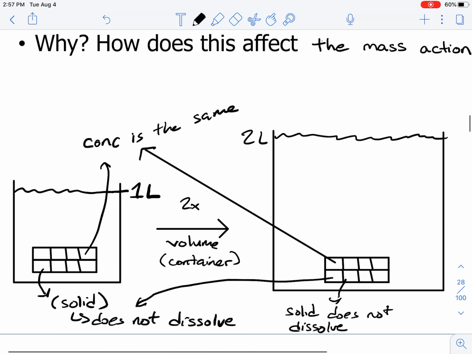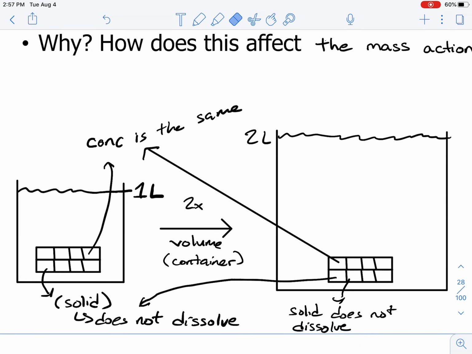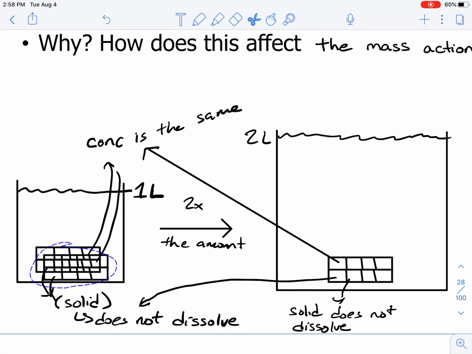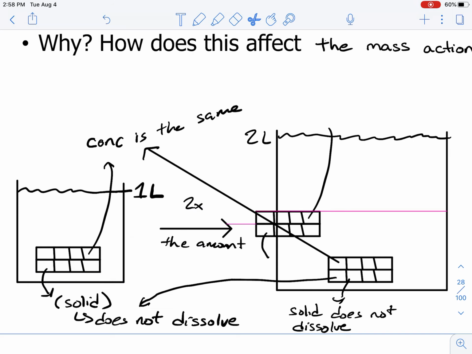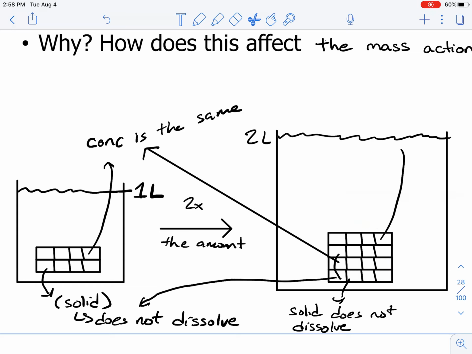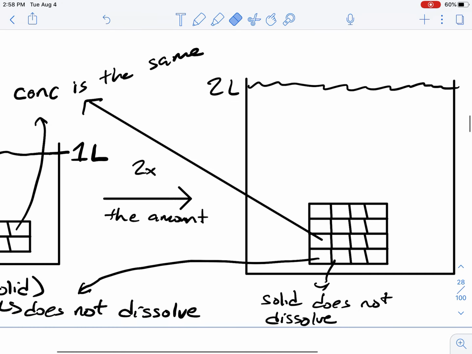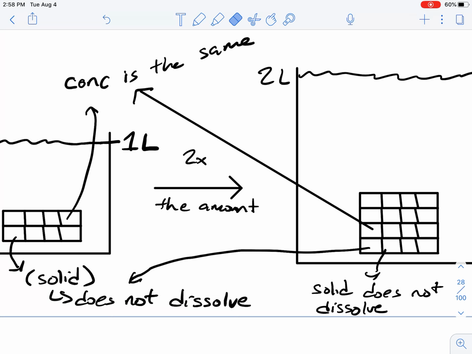Another way to look at this is that if you double the amount, so in other words, if I were to take this solid and double it, notice that the concentration is still the same.